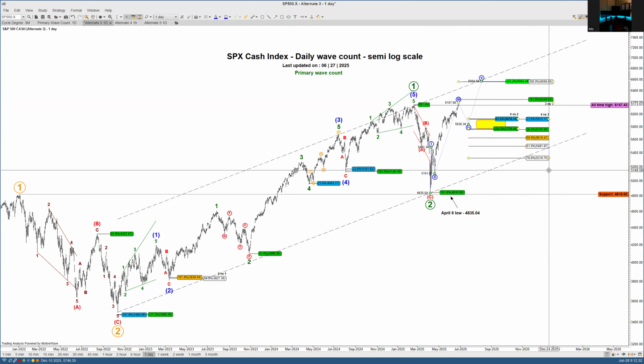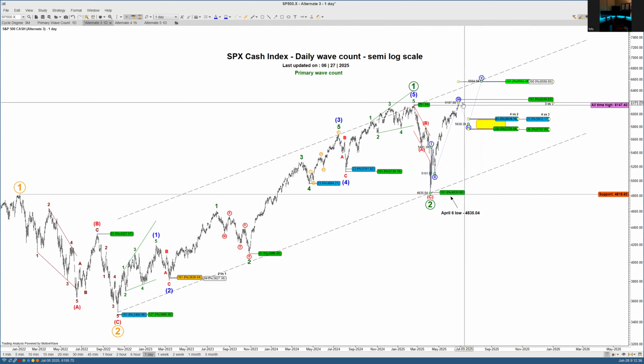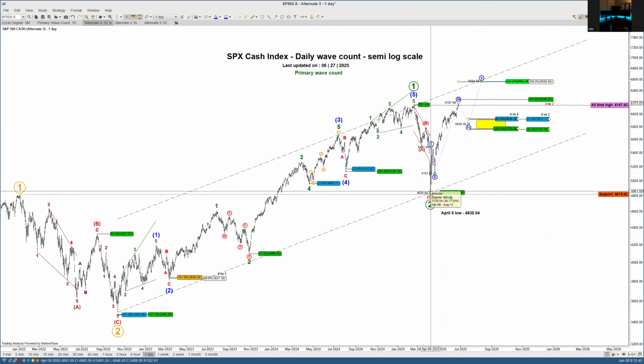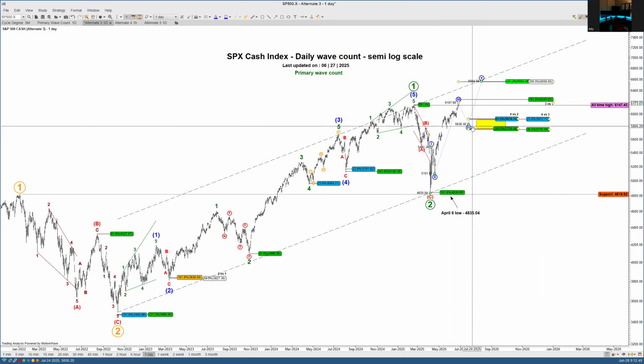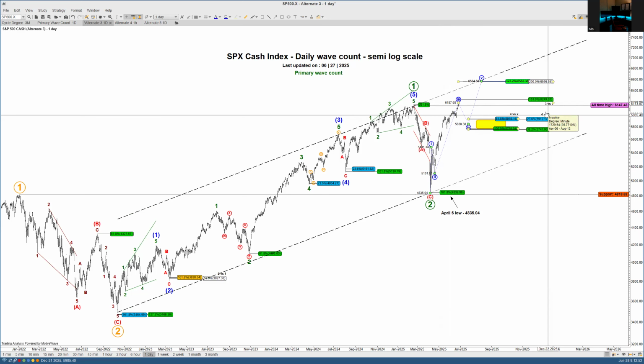The 4 versus 3 is the retracement from this high to the wave 2 low, not this low. Wave 4 versus 3: your third wave started from here, not from here. And 4 versus 2 is the wave 4 that we're expecting with 2.